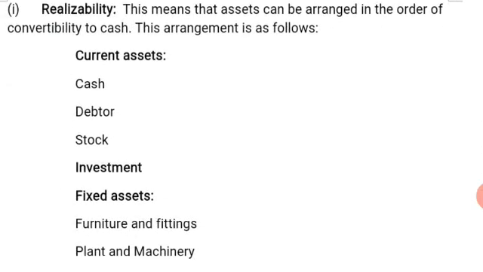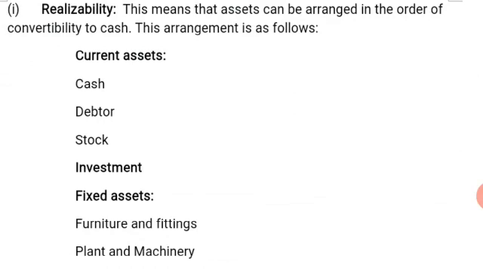Realizability means that assets can be arranged in the order of convertibility to cash, that is, how easily they can be converted to cash.